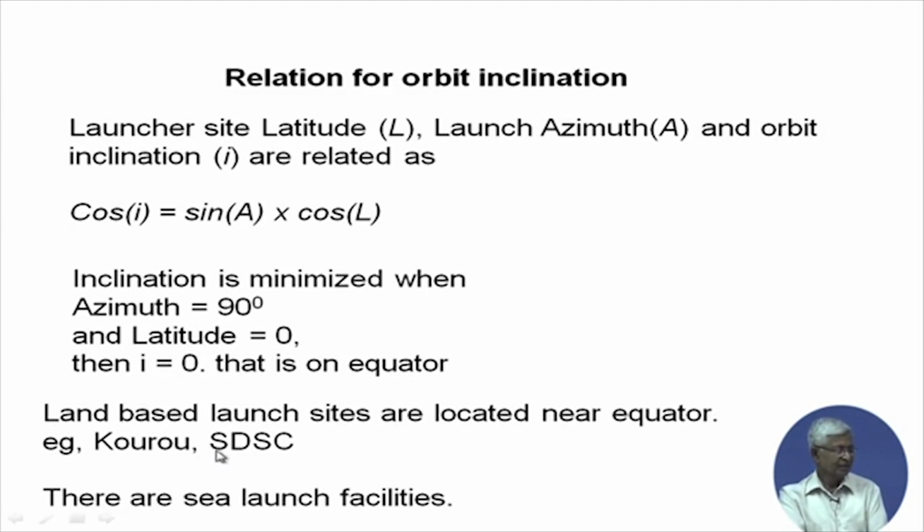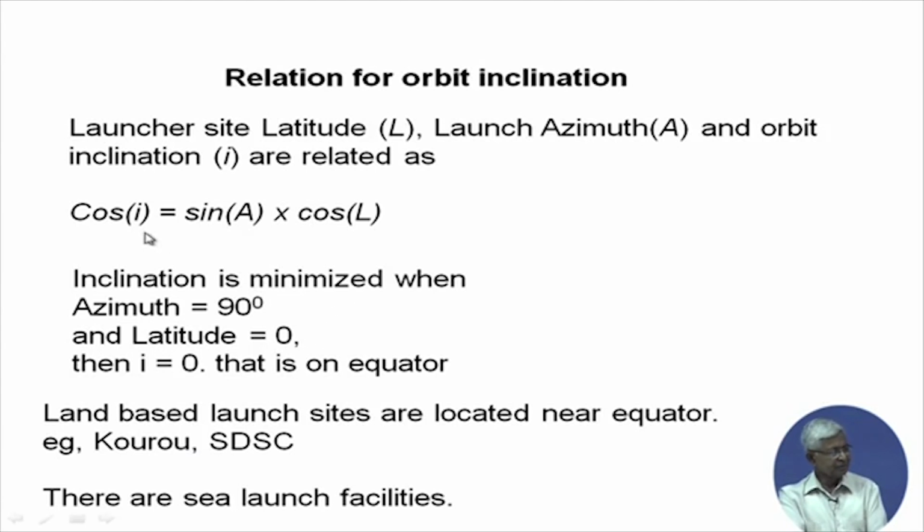Particularly in India, the Satish Dhawan Space Center, which is near Madras, a place called Sriharikota, slightly north of Madras, is very near to the equator, but not at the equator. Similarly, in South America there is a place called Kourou, from where European launches take place, which is also very near to the equator, not at the equator.